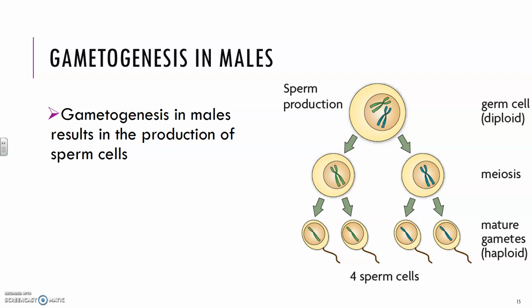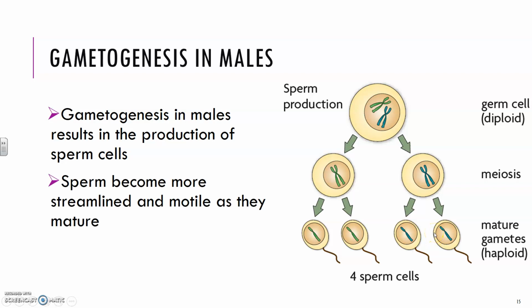Now there isn't a whole lot of waiting time between the different stages of meiosis, so there's not a whole lot of growth time in between, which keeps the sperm cells relatively small. As they mature, they actually become more streamlined and more motile, so they can move faster and there's less resistance against them moving because they're basically aerodynamic, even though they aren't going to be in air.